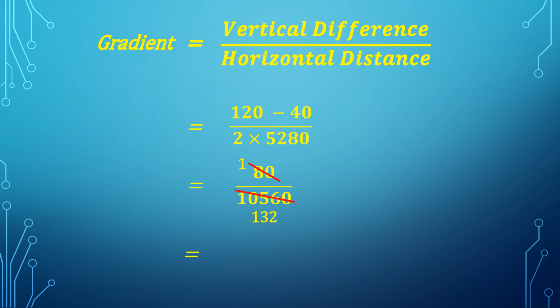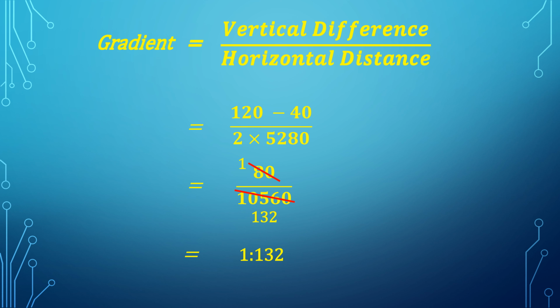Therefore, our gradient will be 1 over 132, or 1 to 132, which basically means that for every 132 feet along the horizontal distance, the height of the land increased by 1 foot. Now, of all the gradients we have calculated, geographers, can you remind me which of them would have been the steepest slope?